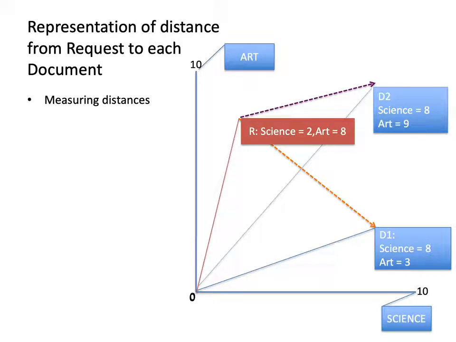So here we go. To measure those distances, to measure that arrow from the request to document 1 and the arrow from the request to document 2, the first thing we're going to try to do is make each of those distances, request to document 1, request to document 2, the hypotenuse of a right triangle.